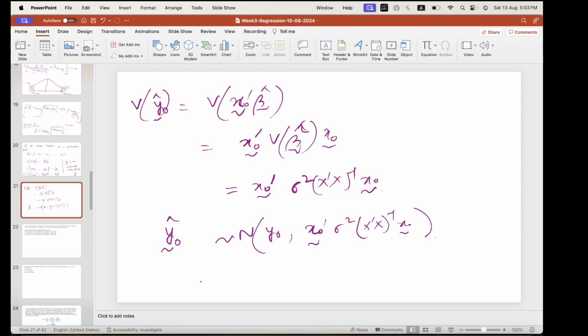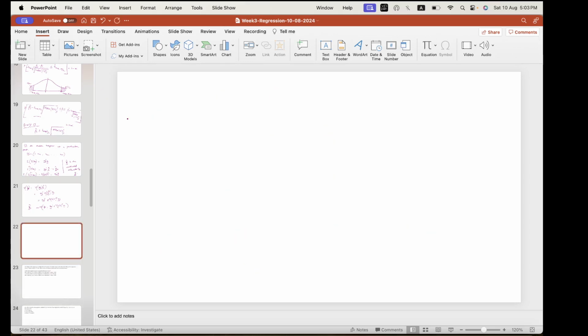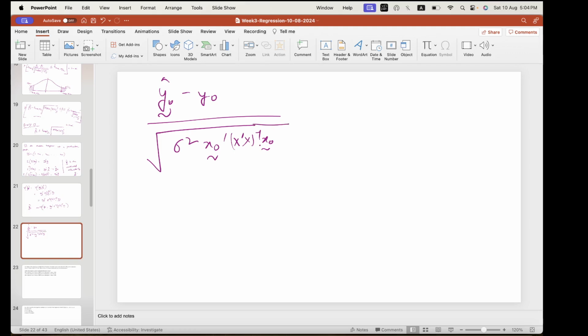Okay, and then we can write that y naught hat minus y naught by root over sigma square x naught transpose (X transpose X inverse) x naught follows a normal 0, 1.